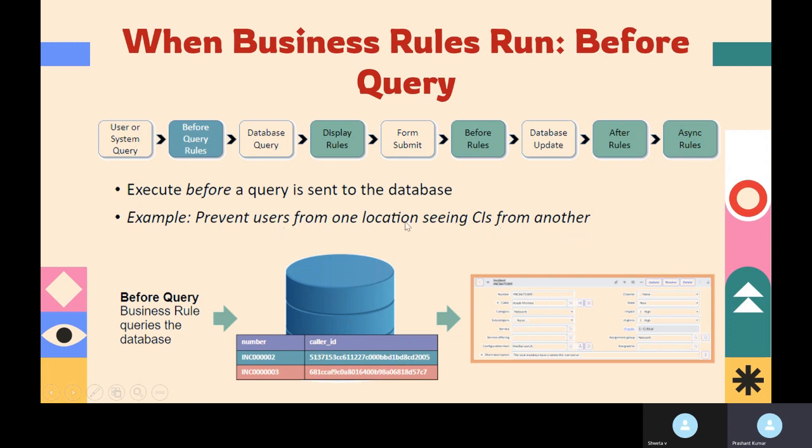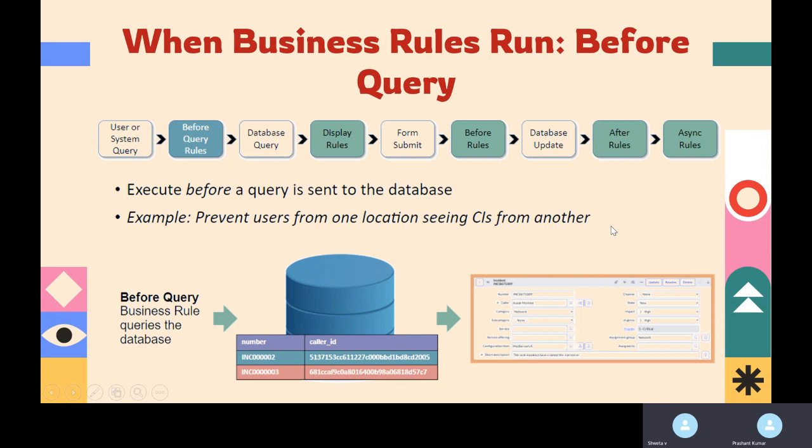Here they are restricting so that users should see only those CIs related to their location. Suppose I am from India, I will see only those CIs present in India. I will not see the CIs present in Australia or any other location.